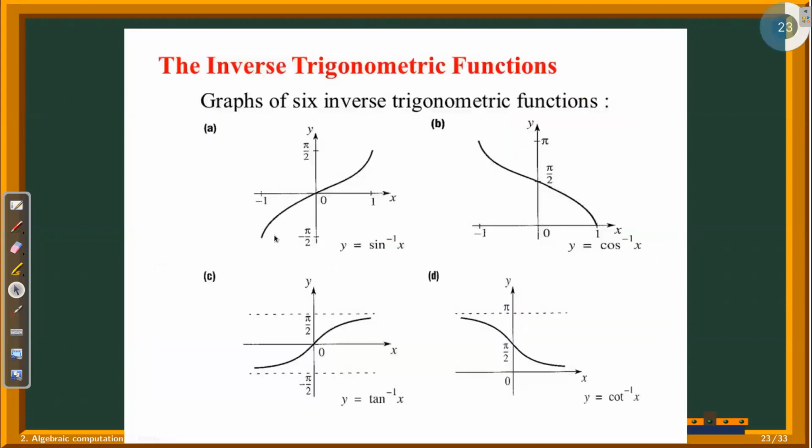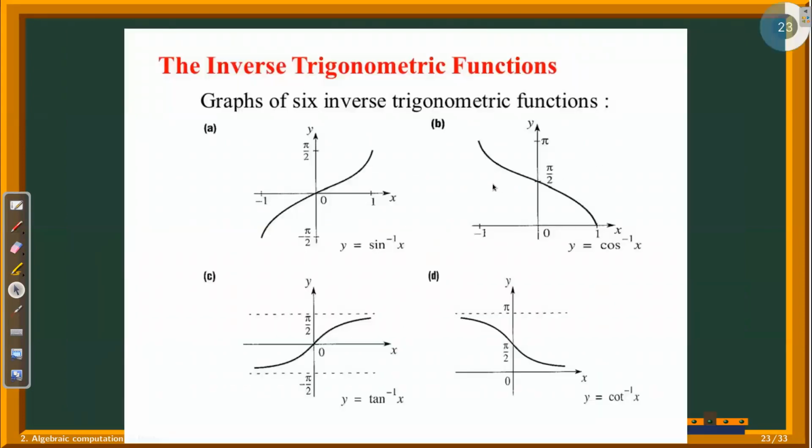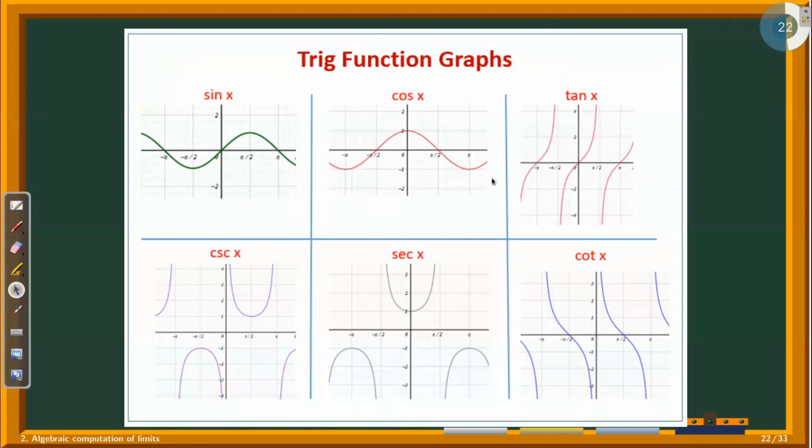Then the inverse functions, tan inverse, cot inverse, are also continuous in the whole domain where the function is defined. Here it's defined between -1 and 1 only. So when you find the limit, the exponential and ln x are continuous functions at points where the functions are defined.